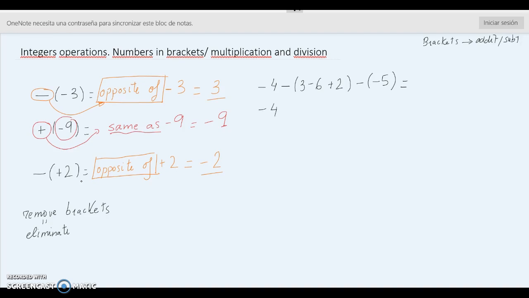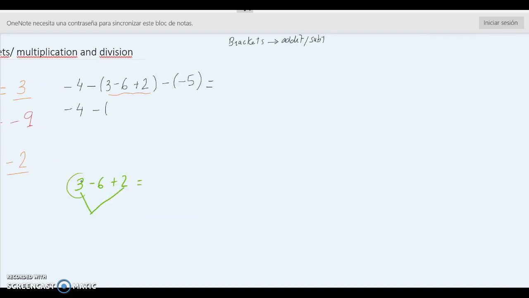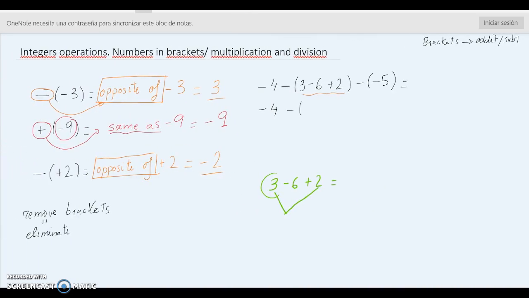I have minus 4, minus, open brackets. Okay, I have here an operation that I have to do: 3 minus 6 plus 2. I am going to add the positive numbers first, so I take the positive numbers, 3 and the addition, 2, so this is 5.